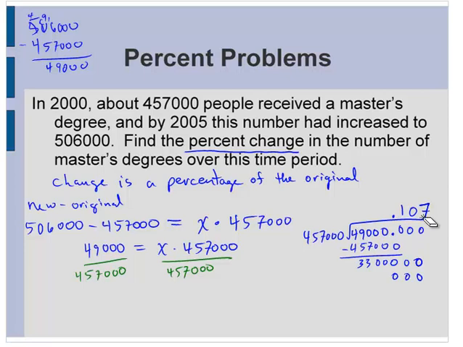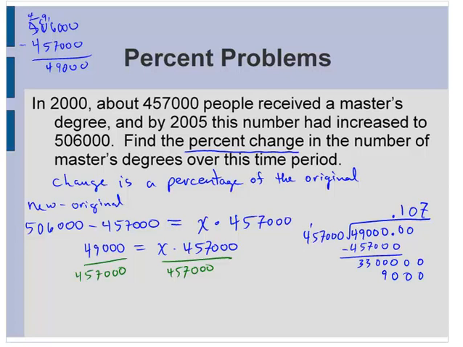I realize I made an error here in my division. Sorry about that. No, I didn't. That's correct. 457,000 won't divide into 330,000. But it will go into 3,300,000. It looks like 7 times.